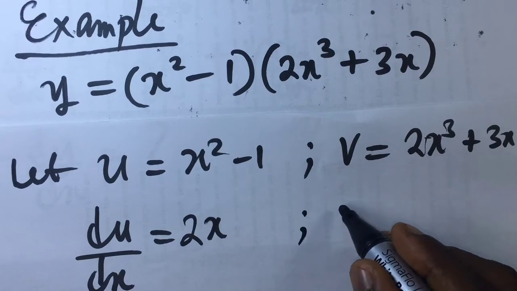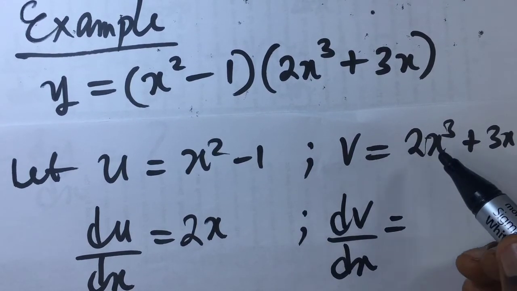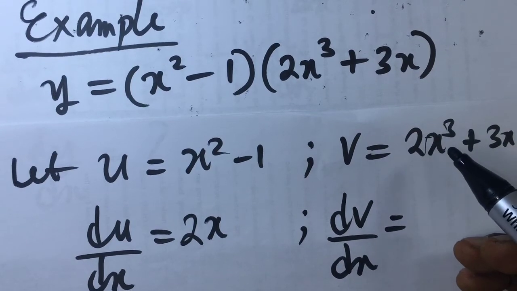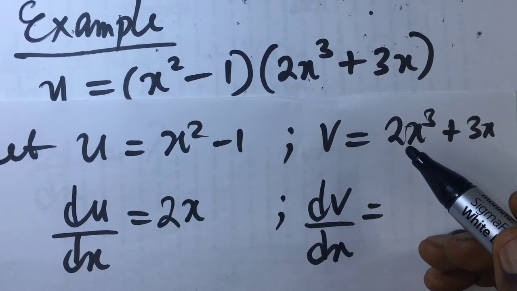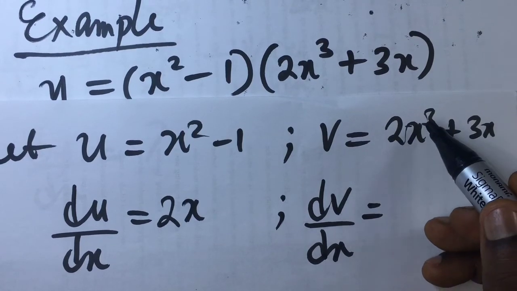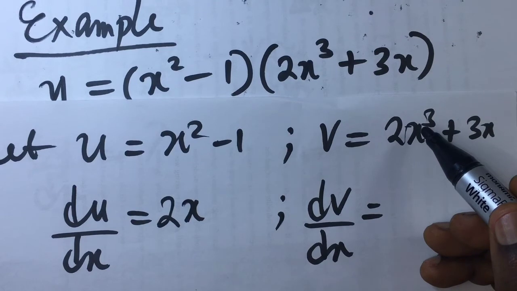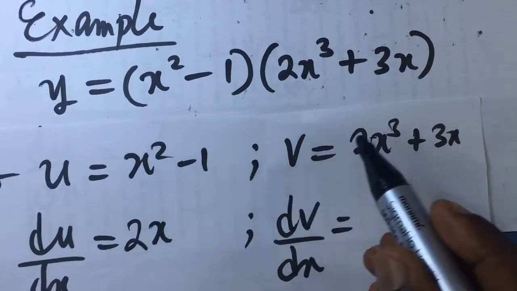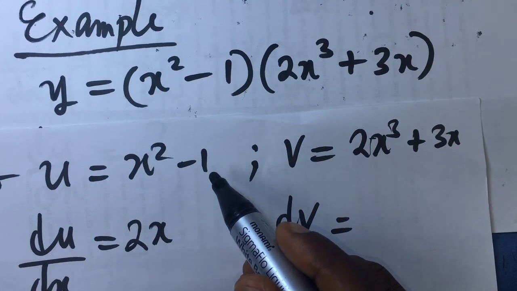Now, coming over to dv dx. When you differentiate v, this is 2x cubed. Remember, in that video I made on differentiation, a simple way to differentiate polynomial functions, all you have to do is to use the power to multiply the coefficient and then subtract 1 from the power. In this case, where we had 1, the derivative of a constant gives 0. Why is this so?